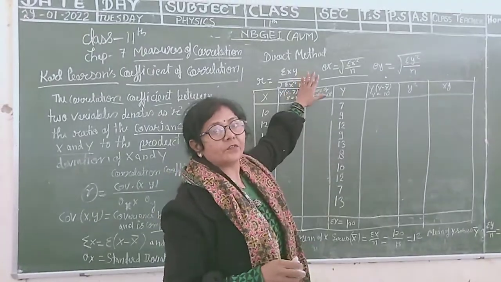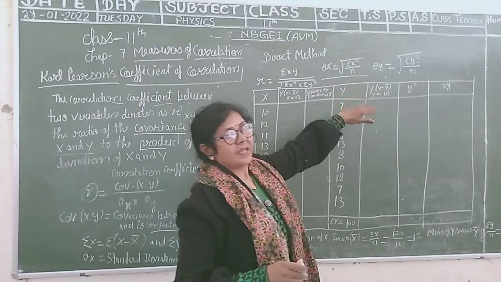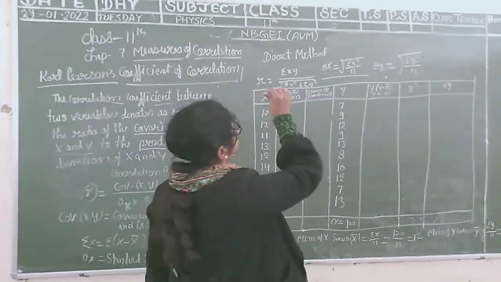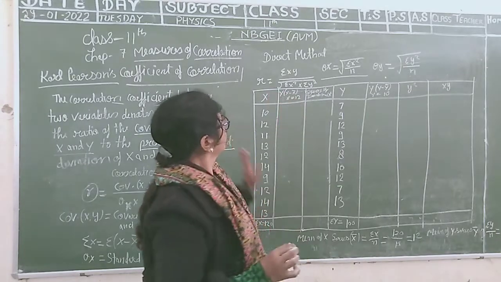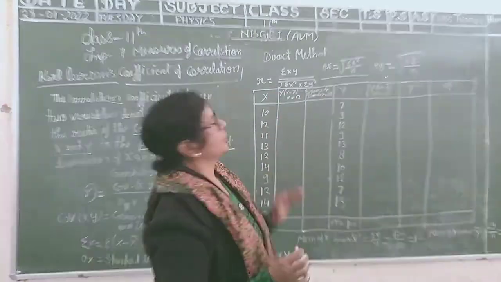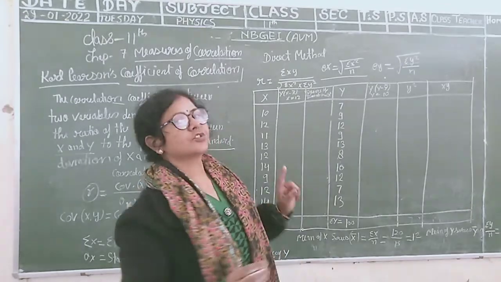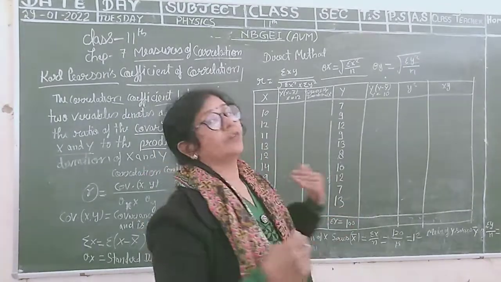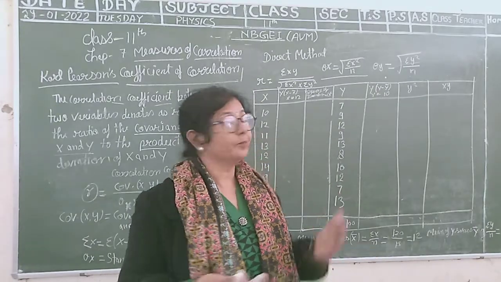Firstly we find x and y deviations, then r equals sigma xy upon root of sigma x square into sigma y square.